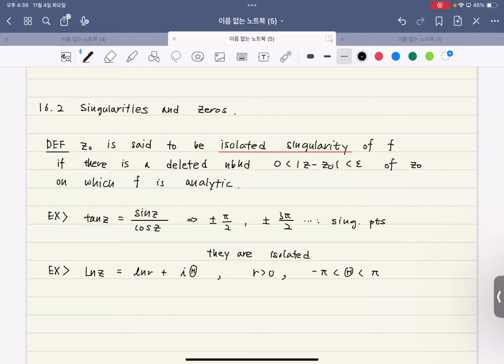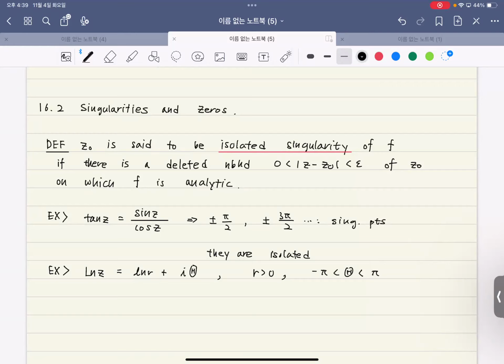The question is, is the origin an isolated singularity? No, obviously not. Why? Say that this is my complex plane and this is the domain.